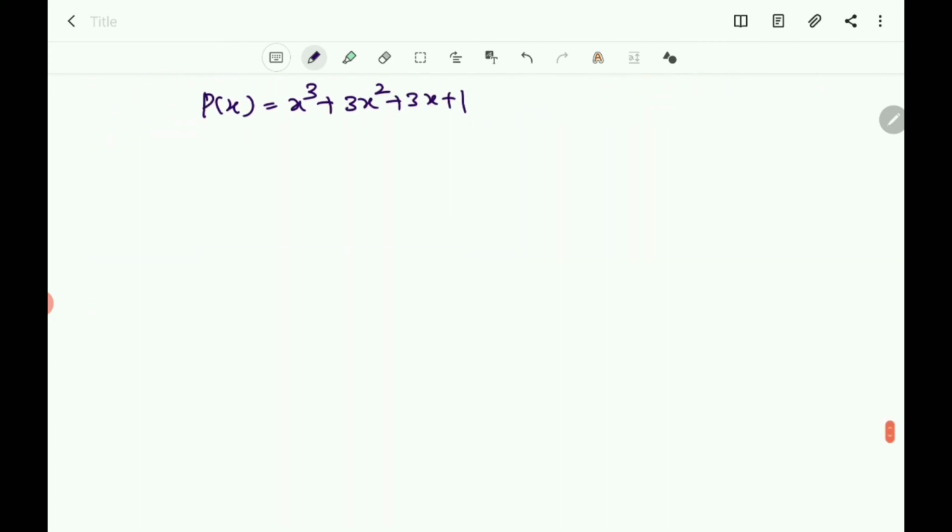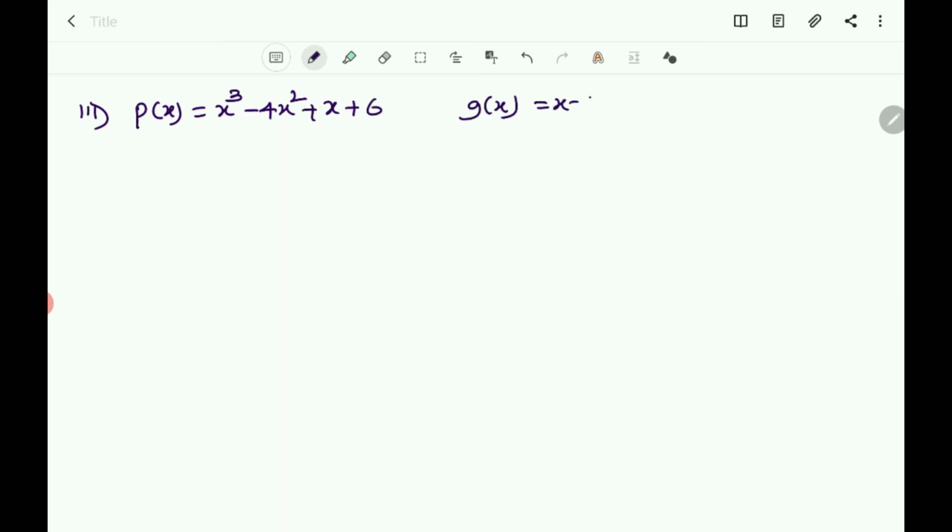Then you take the third one here. Third one is, what is that? p of x equals x cube minus 4x square plus x plus 6. g of x is x minus 3.